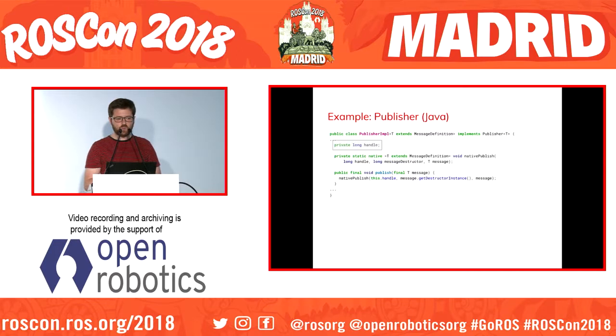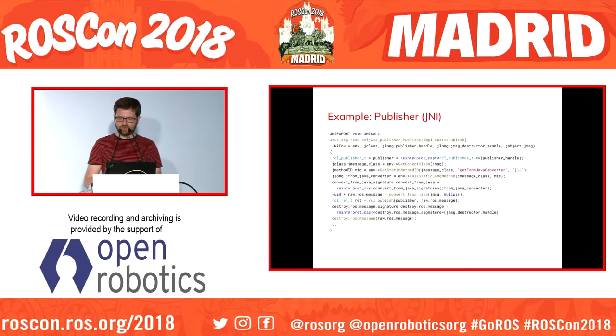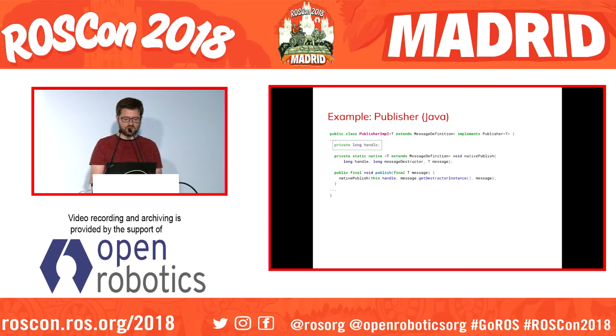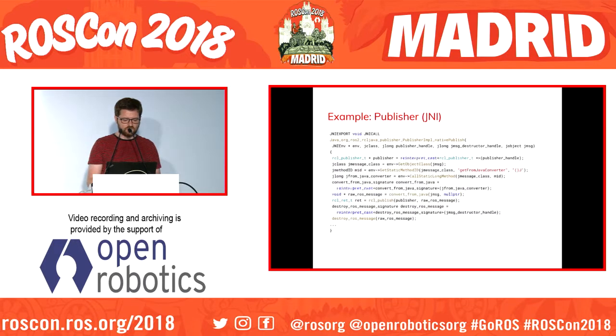So when an entity is created in ROS2 Java, the underlying entities are located in C and stored as pointers, which are stored as integers. I use integers to store the pointers because it's just much easier to pass them back and forth between Java and C. And in C, I can just recast them back to the appropriate entities.